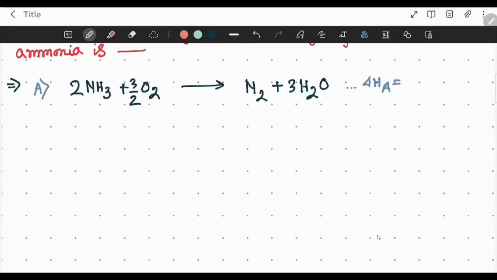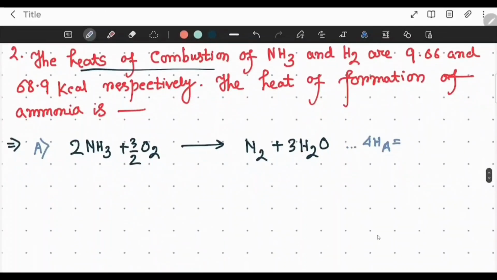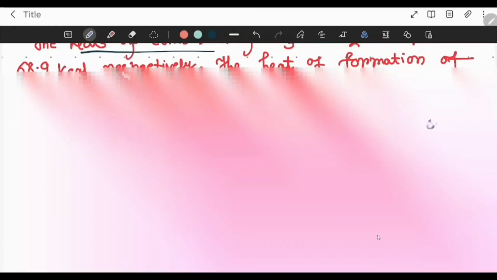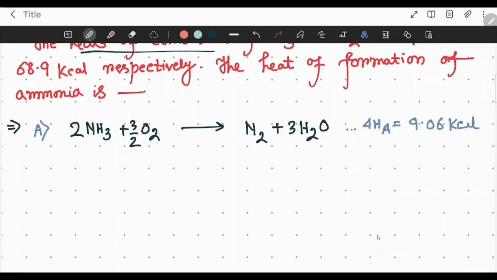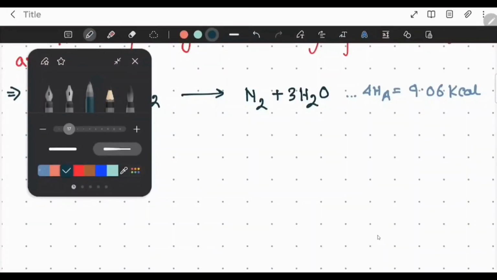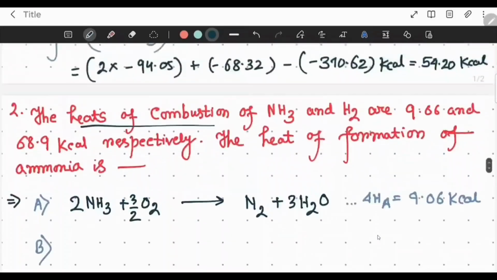So del H A is 9.06 kilocalorie. Now for B, what is the reaction?